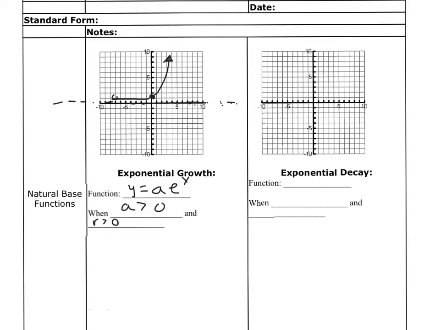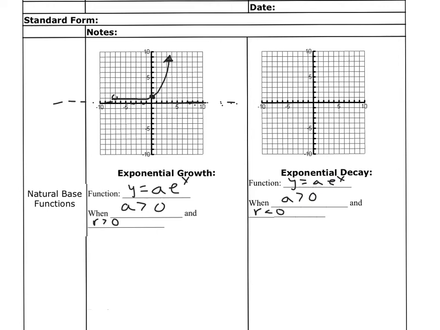Now, once again, we have another type of function, but this is going to be decay. Now, this is when the graph slopes downward, and we have y is equal to a e to the x. So the overall function doesn't change. And you'll notice even a is greater than 0, but r is less than 0.